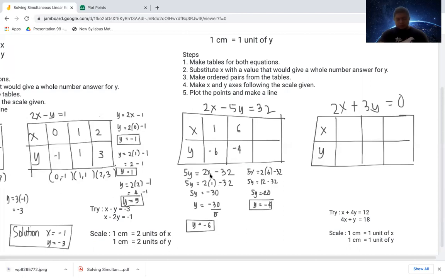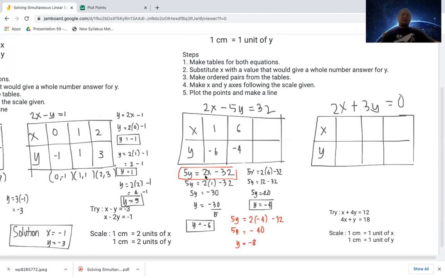What should I substitute to this equation so that I will get a value of negative 40? So you know that if I substitute negative 4, this is going to be the calculation. So this is going to be negative 40, which is equivalent to 5y. So y now is going to be equivalent to negative 8.